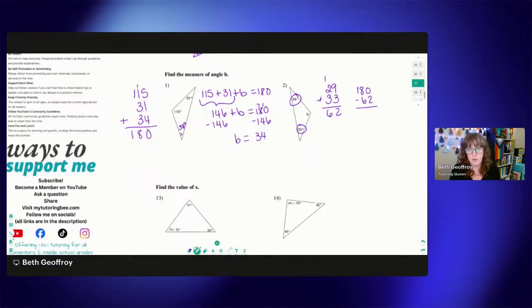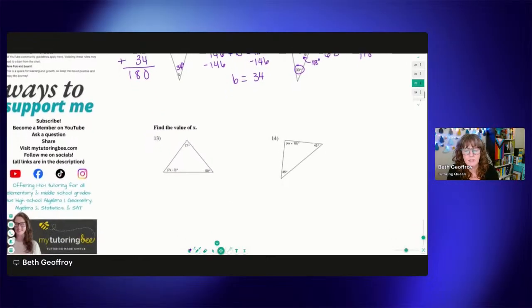As you can see, that's pretty much what we did over here. We added up the two angles that we were given, and then we subtracted from 180. So this is just, I guess, sort of a shortcut so that you're not writing out the entire equation. So then 10 minus 2 is 8, 7 minus 6 is 1, and then we've got 1. So angle B is 118 degrees on that one.